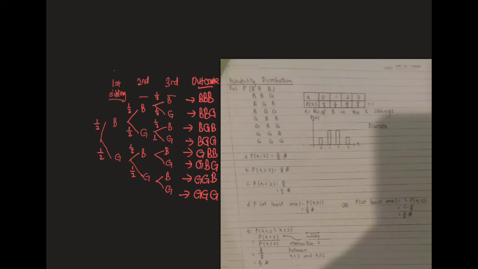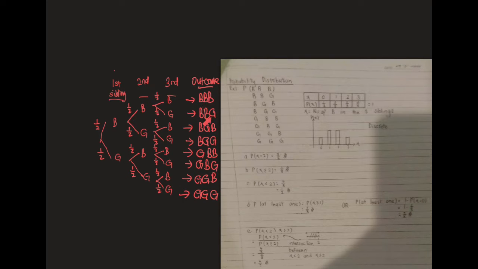Now, since we have 8 outcomes here, each of them has its probability. How to count the probabilities? For the first one, it is 1 over 2 times 1 over 2 times 1 over 2. So you will expect it is 1 over 8.